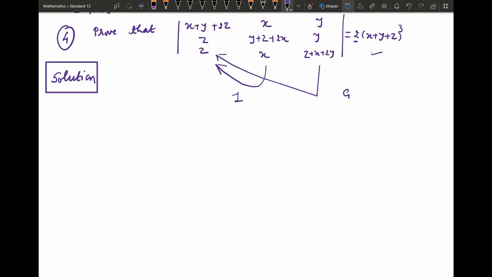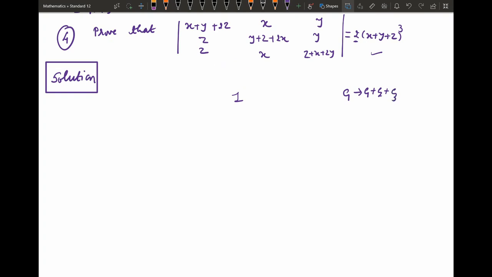So if we perform C1 to C1 plus C2 plus C3, second and third column is multiplied by 1, added in the corresponding entries of first column. So C1 to C1 plus C2 plus C3.